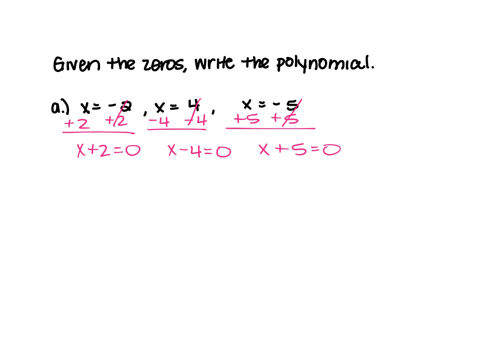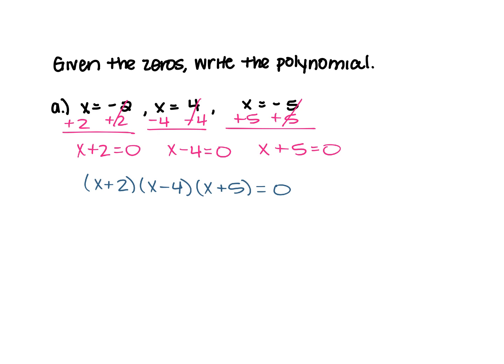For these, since there are 3 of these, you're going to set this up as a polynomial of factors. So that's going to give you x plus 2 times x minus 4 times x plus 5. You can set this all equal to 0. From here, you're just going to FOIL out 2 of those and then distribute in the last one.